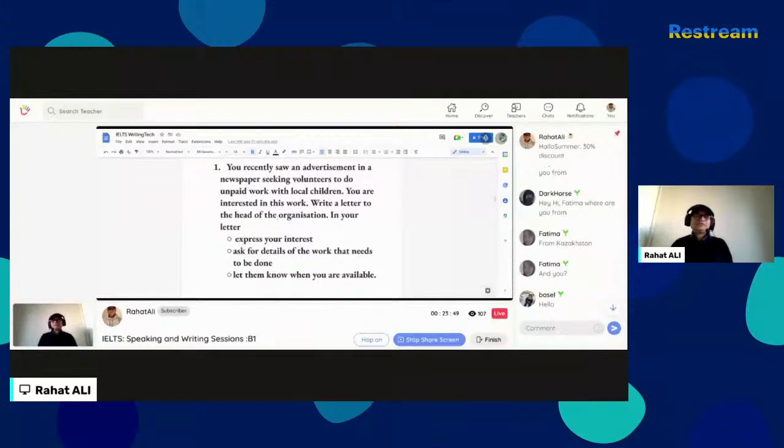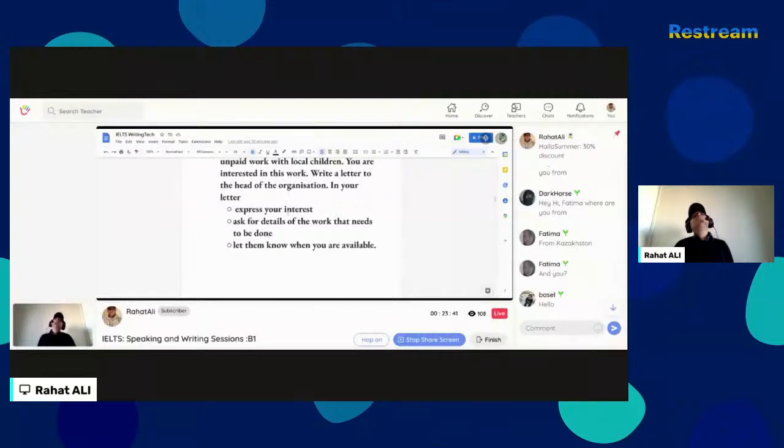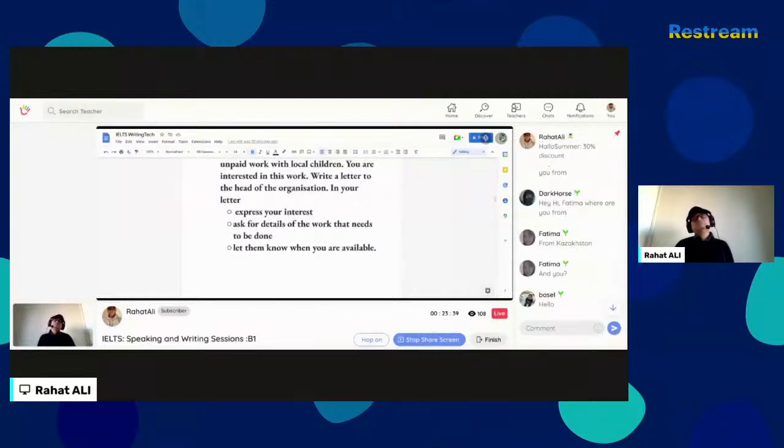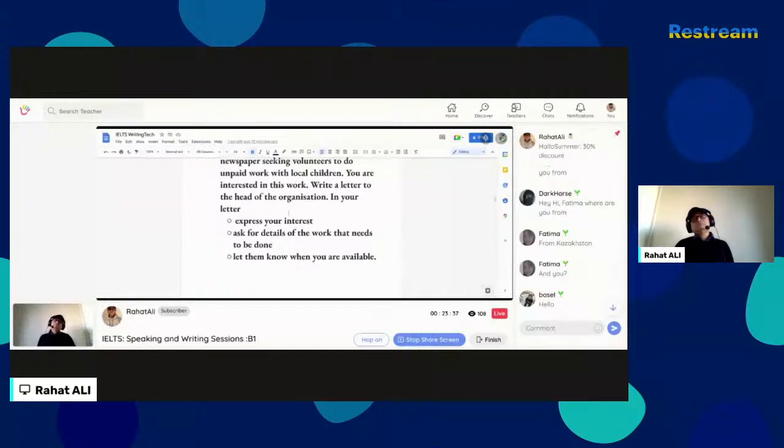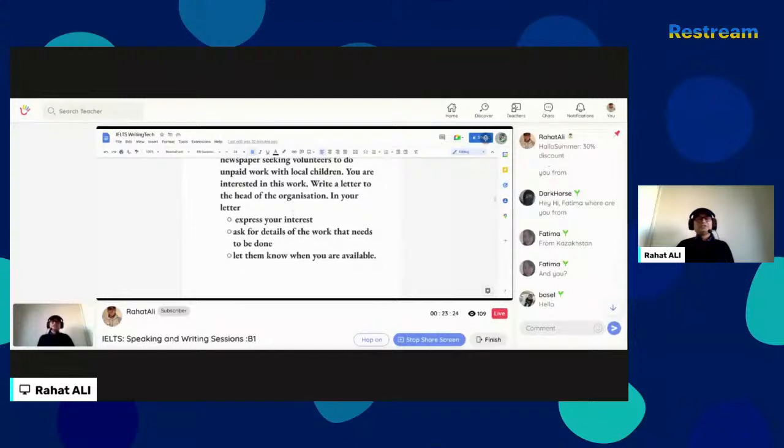Express your interest, ask for details of the work that needs to be done, and let them know when you're available. In your letter, express your interest. Ask for details. Okay.